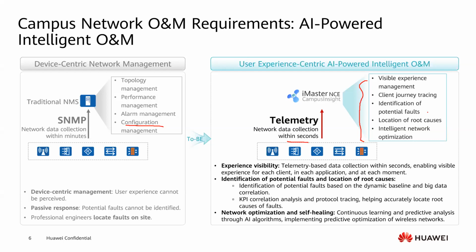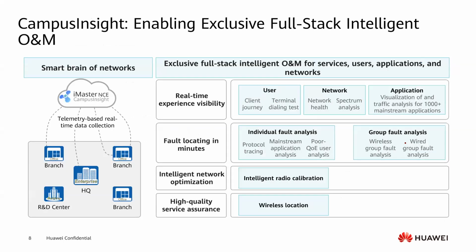Next, we will introduce the basic functions of CampusInsight. This is the whole scenario of CampusInsight. It is based on telemetry technology to collect the network's information, and it brings four kinds of functions.